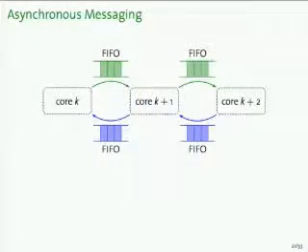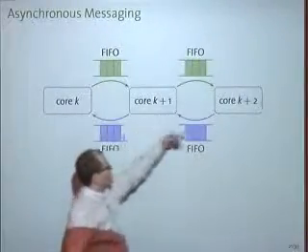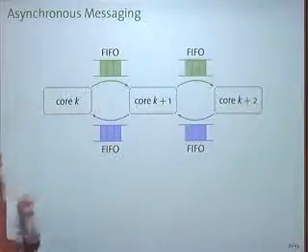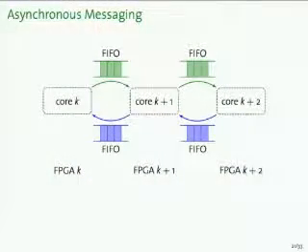So here's what happens if you want to do asynchronous messaging between those previous cores. What you do here between those cores is you add buffers, FIFOs essentially, and then each core can operate with its own clock. And those cores can be FPGAs, or they can be multi-cores.